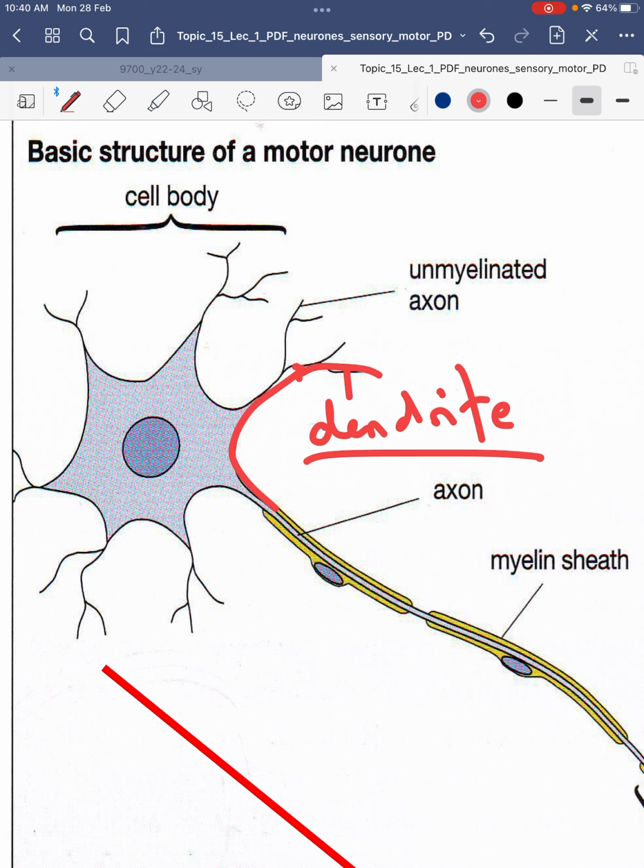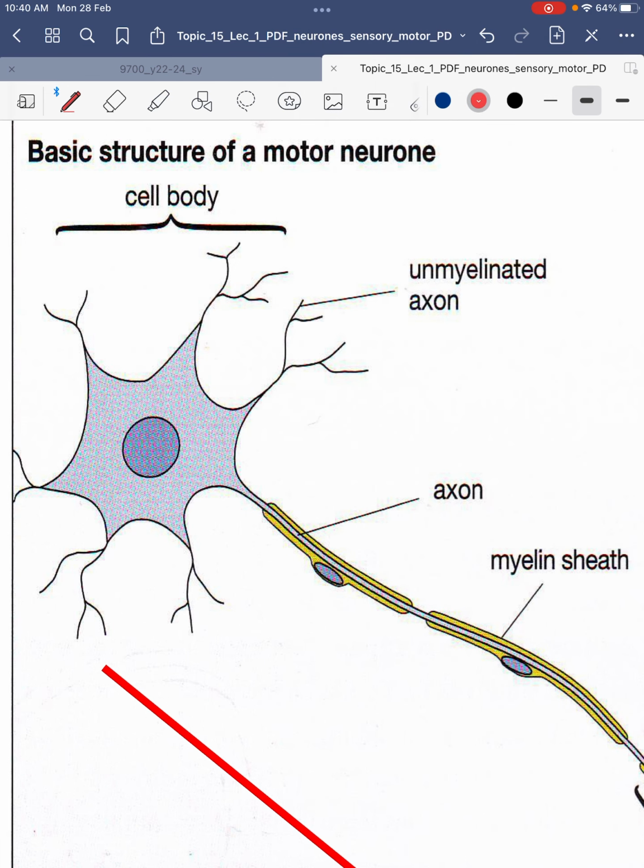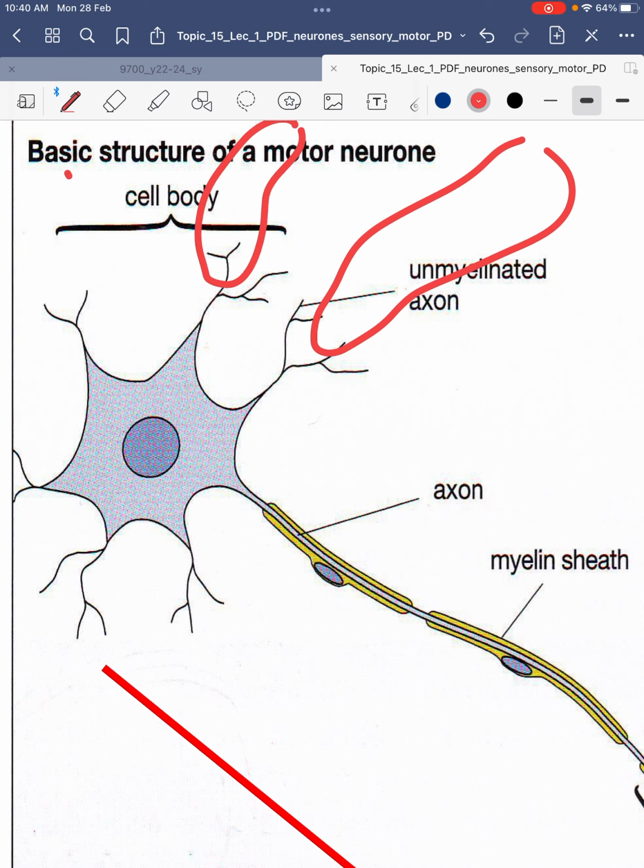Dendrites are also very small extensions of the cytoplasm, and this is to increase the surface area to receive the incoming nerve impulse from other neurons. So there might be neurons here, here, and here.